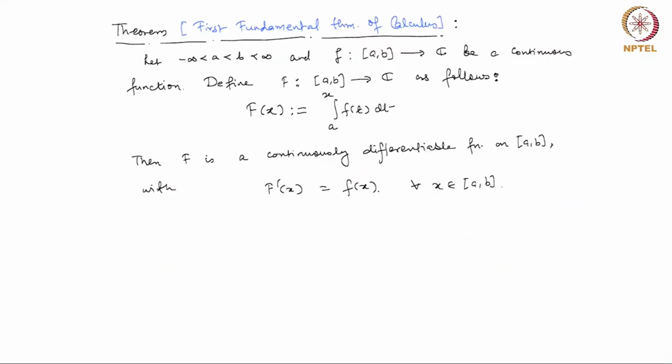So now let's look at the statement for the first fundamental theorem of calculus. It says that if you take again a finite interval in R, [a, b], and you take a continuous complex valued function f, and define capital F as the integral of this function f from a to x.